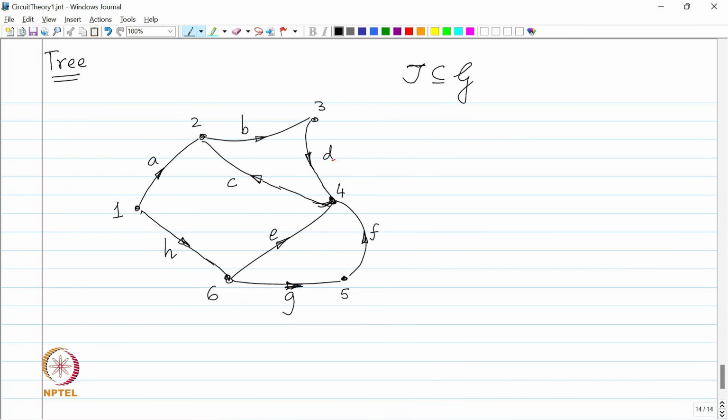Now, this subset has the following properties. 1, it is still going to be connected. So, all the nodes are connected to all the other nodes, no India Pakistan business. They are all connected to each other, that is very important. The second one, which is super important, is there are no loops.